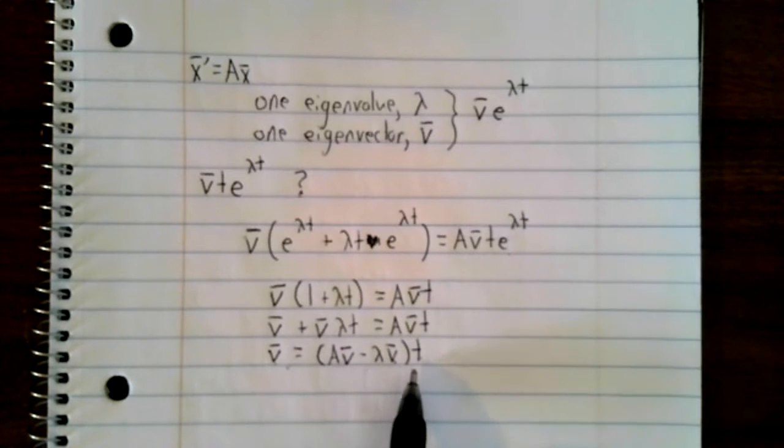There's either one value of t that satisfies this, or no values, depending on whether this is a constant multiple of this. But it's certainly not true on an interval.